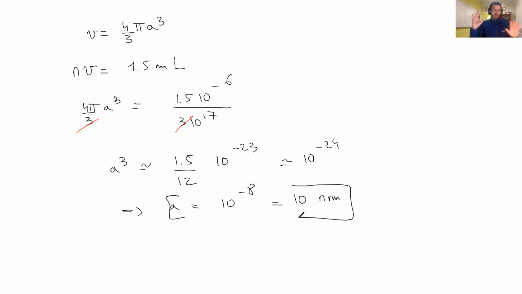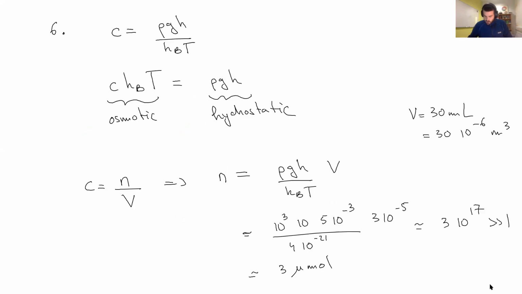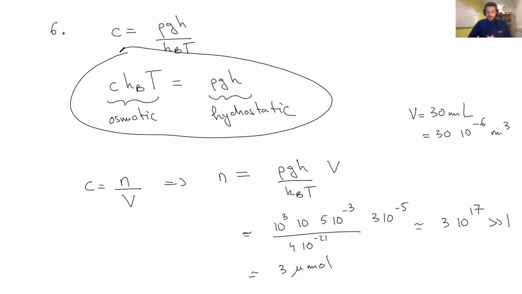Okay, so that is it for the first part, and the first part was just a reminder. I'm sure you went through this calculation in one way or another. In particular, I think the important thing that you found previously in your studies is this relation.